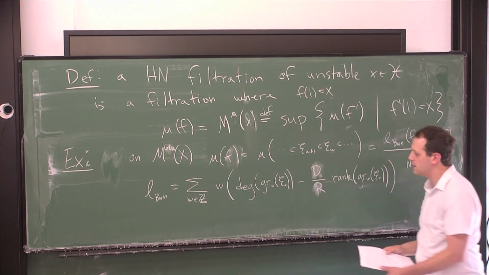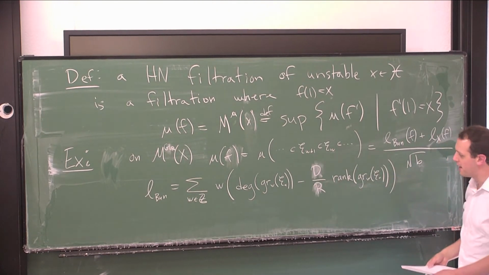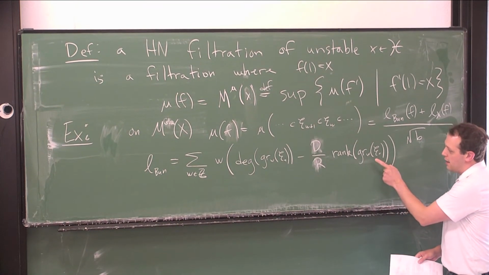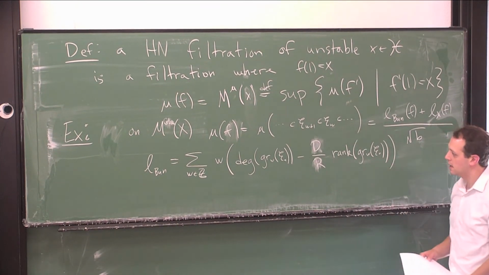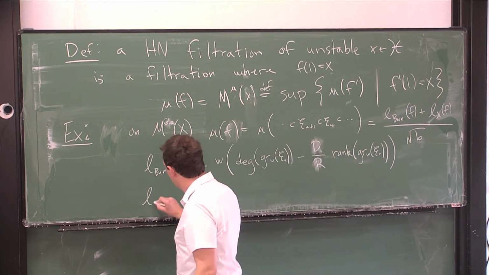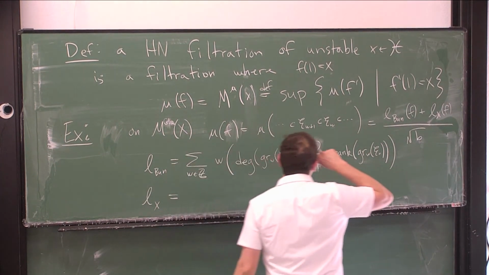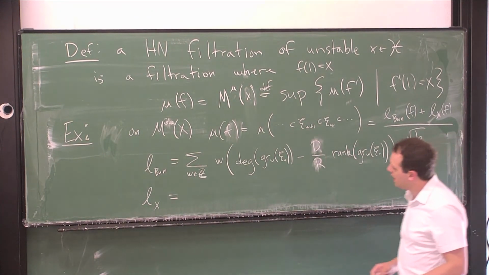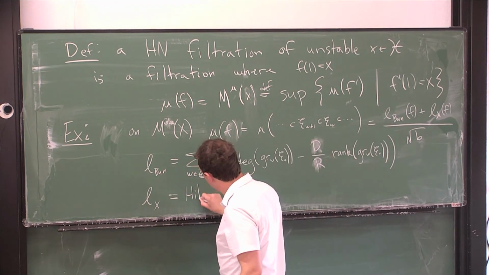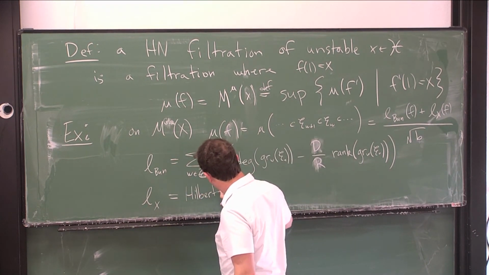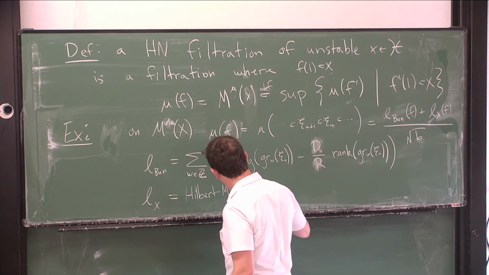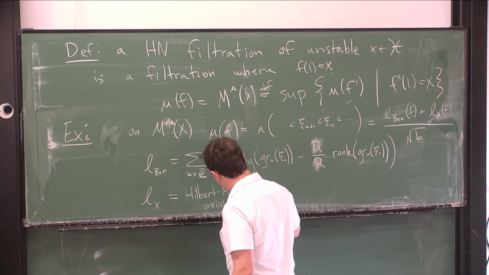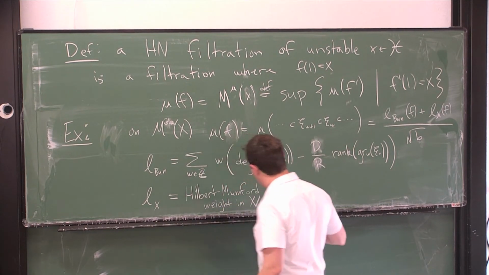If you have a filtration like this and you look at the weight of the theta divisor coming from Bun_GL_N, then you get this formula, and this is really the Hilbert-Mumford weight.